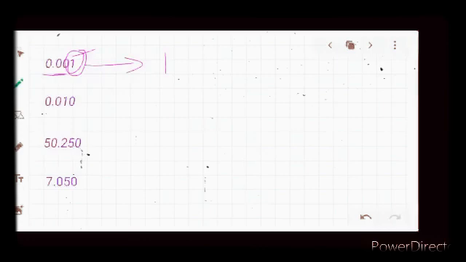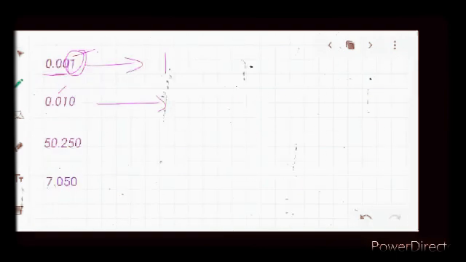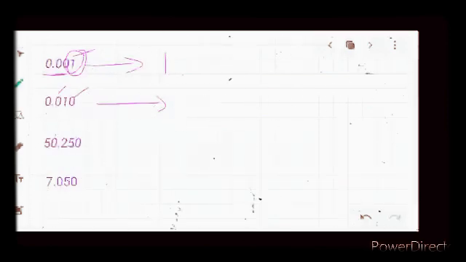And here in the next one, this 0 is not significant because it is not in between non-zero, but this 0 is significant. Although it is not in between non-zero, it is still after the decimal point, and it is not followed by any non-zero.